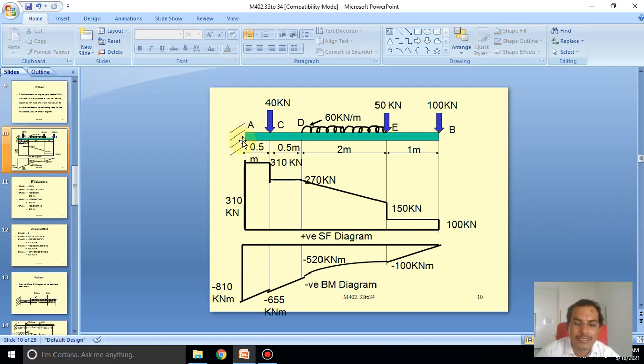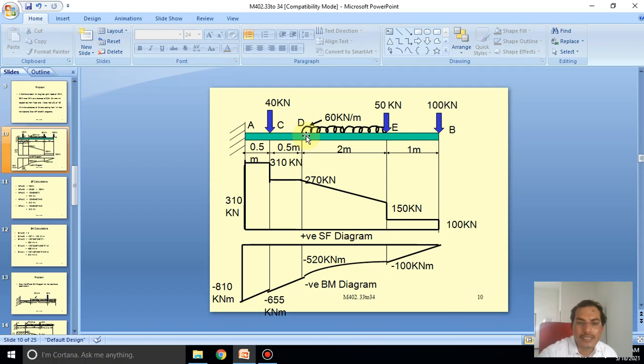Now the points: A, B, C, D, E. At the point of B we have 100 kilonewton, and at the point of E 50 kilonewton, and from E to D there is the UDL load, which we draw as a curve.